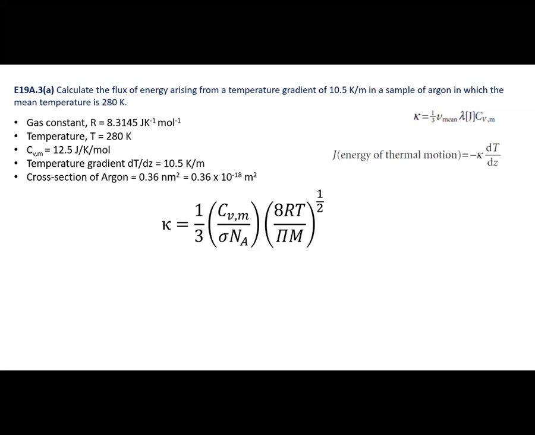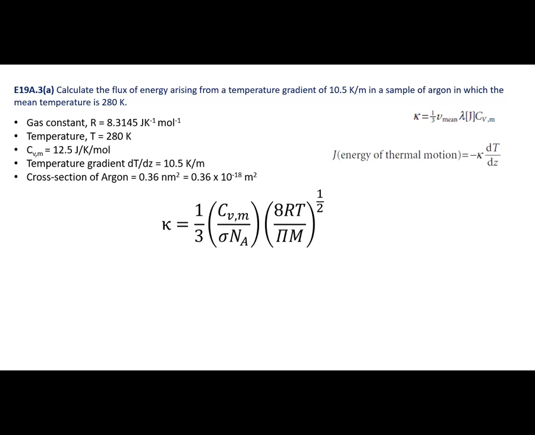Let's look at some of the problems that we have based on the thermal conductivity. In this problem, we have to calculate the flux of energy arising from a temperature gradient of 10.5 Kelvin per meter in a sample of argon, in which the mean temperature is about 280 Kelvin.